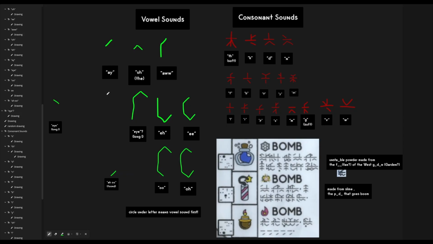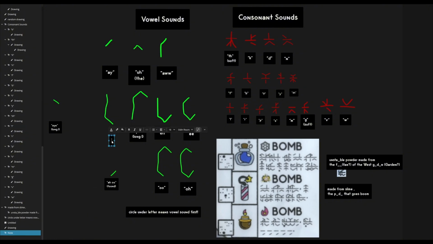So it's this, it's left and down. And then able. But it's not the A part, it's between the B and the L.